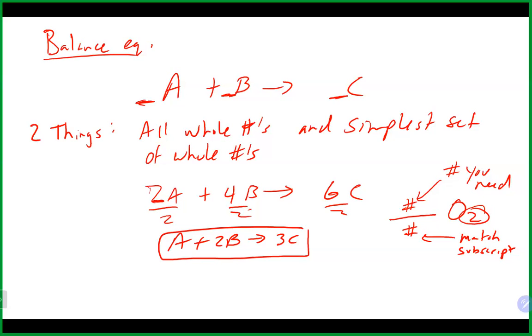So again, to clear a fraction at the end, you can multiply everyone by the denominator. That will clear the fraction and give you all whole numbers, and it should still be balanced if you do that correctly.